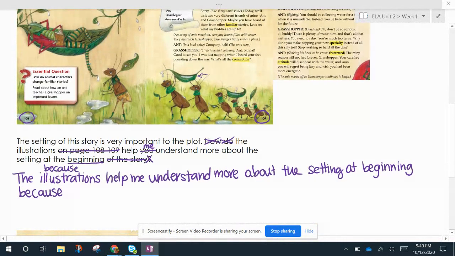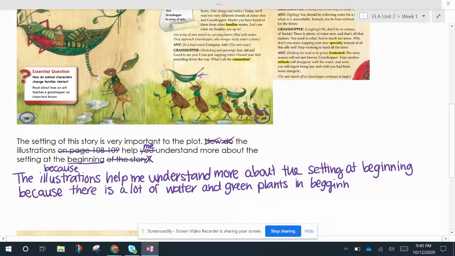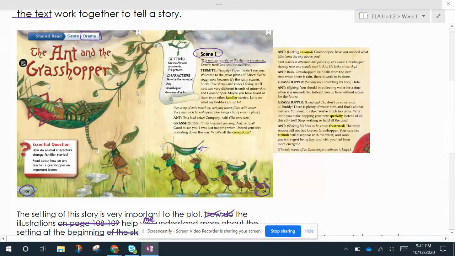So the illustrations help me understand more about the setting at the beginning because there is a lot of water and green plants in the beginning. Okay, alrighty, so let's go ahead and look at where else in the text does it talk about this.